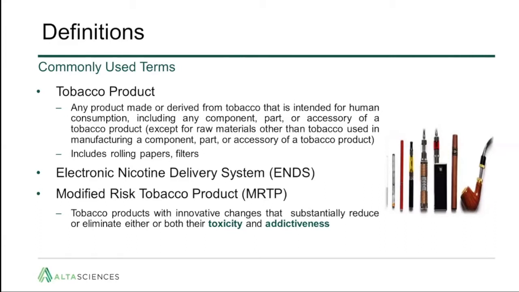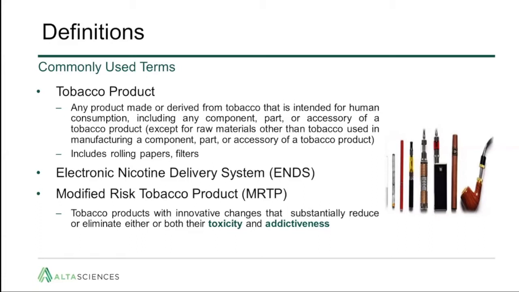So just to give a few commonly used terms that you'll hear throughout this presentation, a tobacco product is any product that's made or derived from tobacco that's intended for human consumption. And that includes any of the accessories or parts of that tobacco, except for the raw materials that are used in the manufacturing process. This also includes rolling papers and filters. An electronic nicotine delivery system will often be abbreviated throughout the presentation as an ENDS.